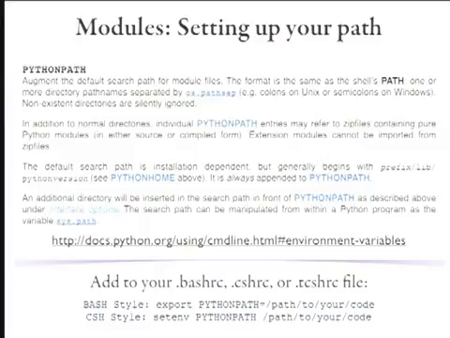You basically just need to set this Python path environment variable to the correct path to where your code lives. So if you have a bunch of Python code in this directory path to your code, then you just set this as your Python path, and when you initiate an instance of Python, you'll be able to import all of the different code that you've written in a nice, easy way.